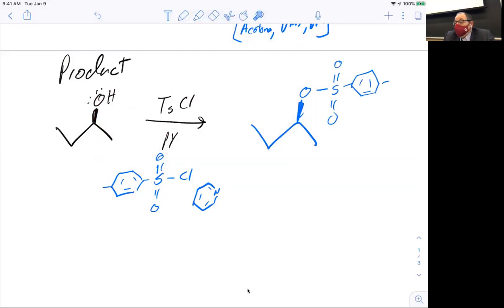Well, we're going from oxygen to sulfur, right? The lone pairs on the oxygen are attacking that sulfur, and we get this kind of hexavalent intermediate. Therefore, did the bond between the carbon and the oxygen ever change? It was never touched, right? So did we ever have any reason to change the stereochemistry? No.